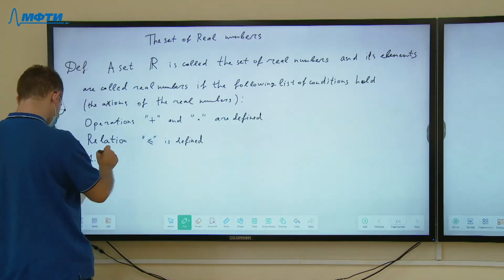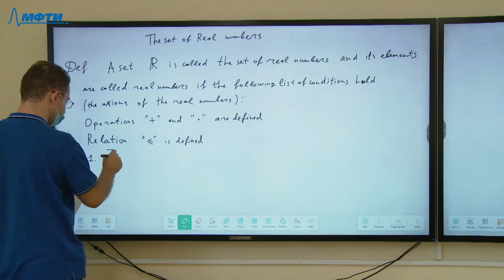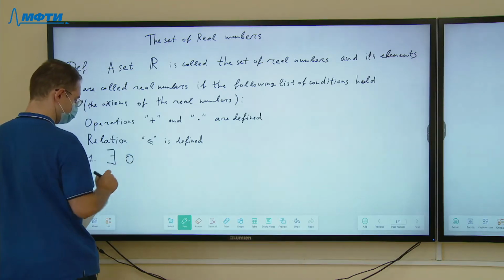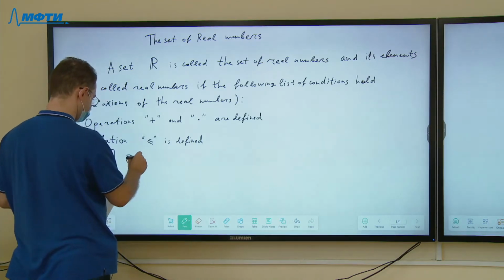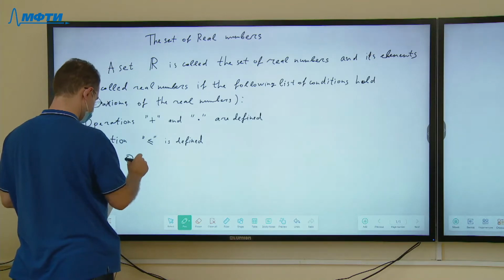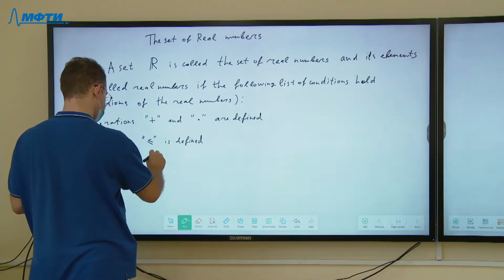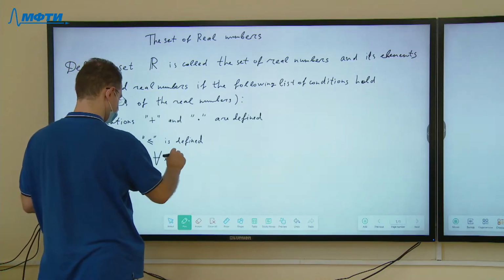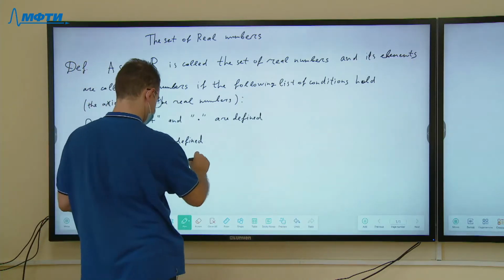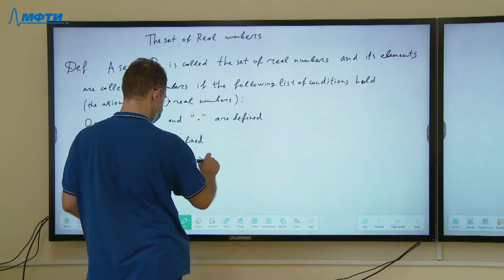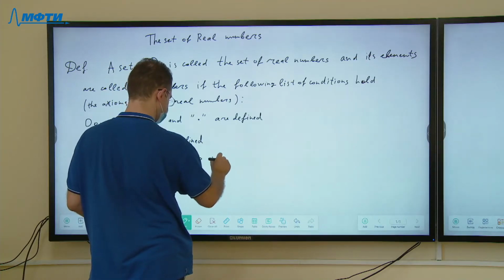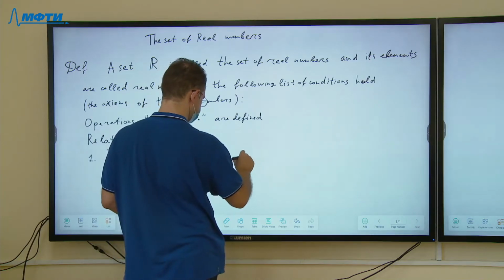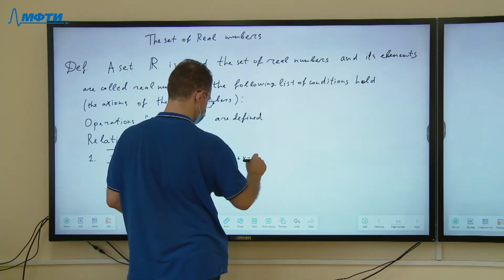So, number one, there exists such an element that we will call 0, such that for any real x follows x plus 0 equals 0 plus x equals x.